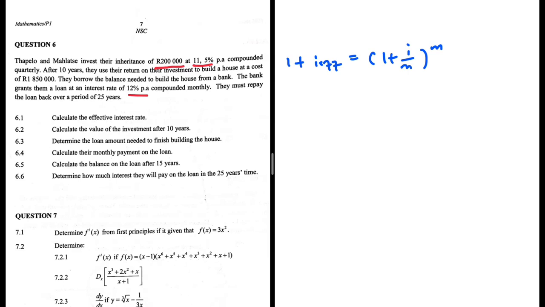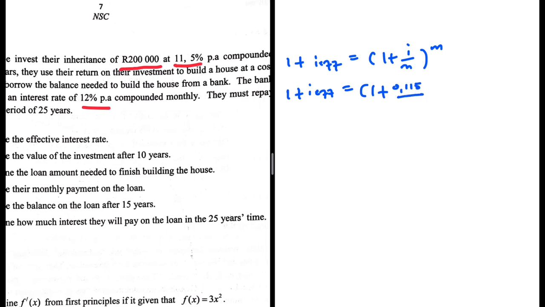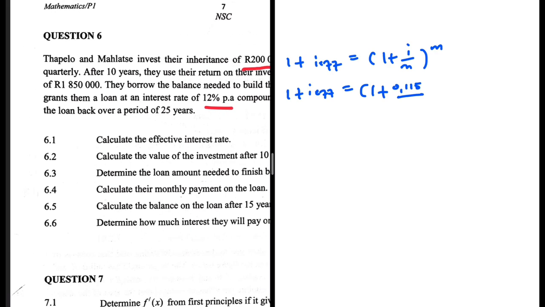We are looking for the effective rate. So here we just have 1 plus the effective interest rate being equal to 1 plus the interest. The interest given is 11.5%, so that will give us 0.115 divided by m. Let me show you how we determine m.